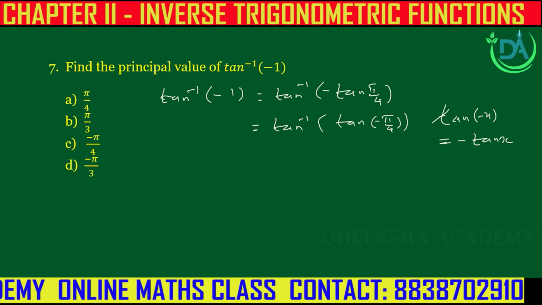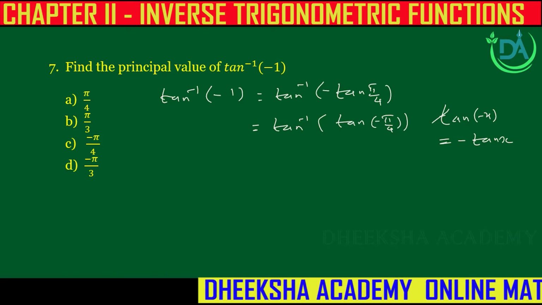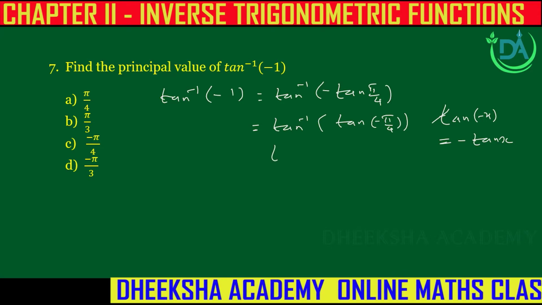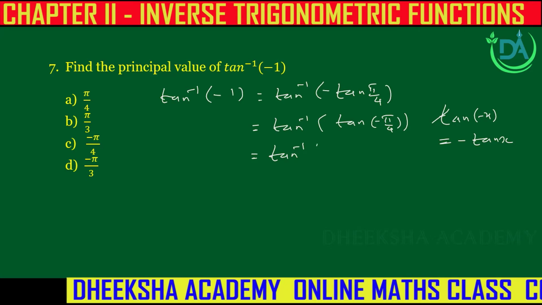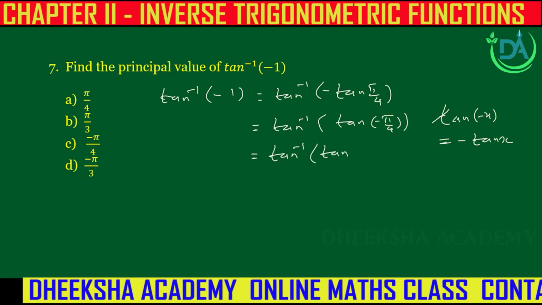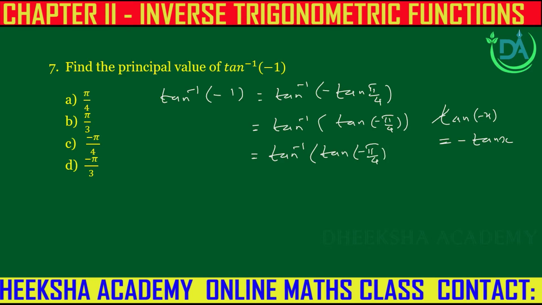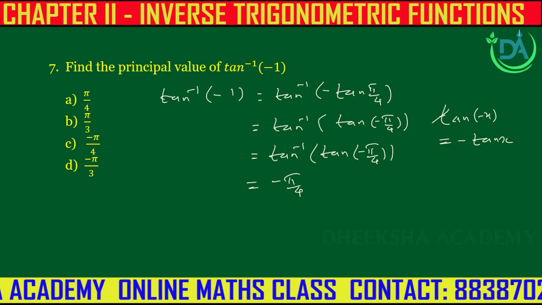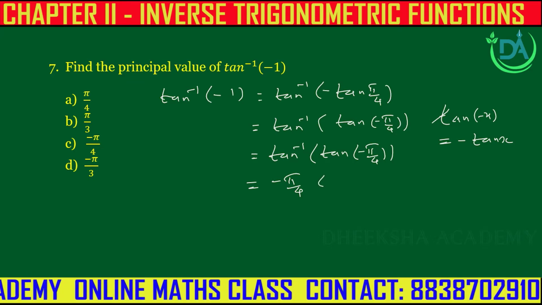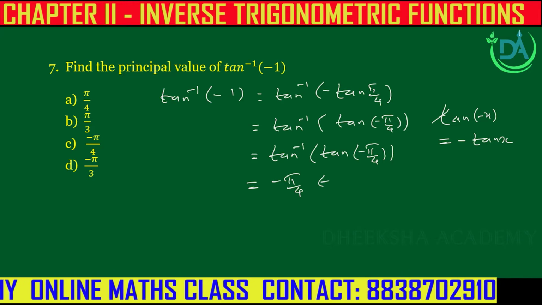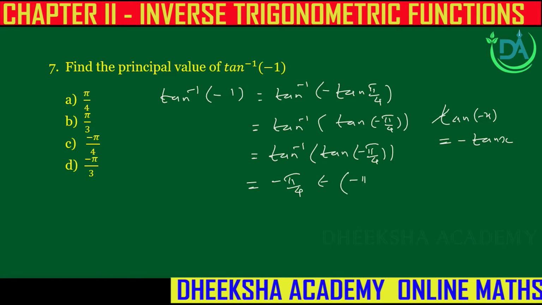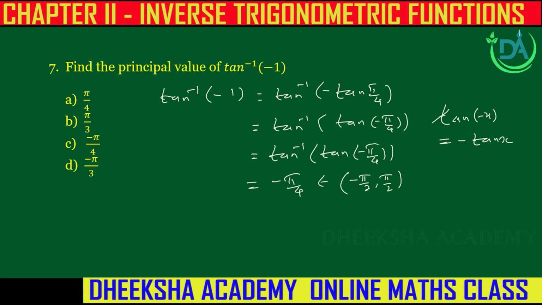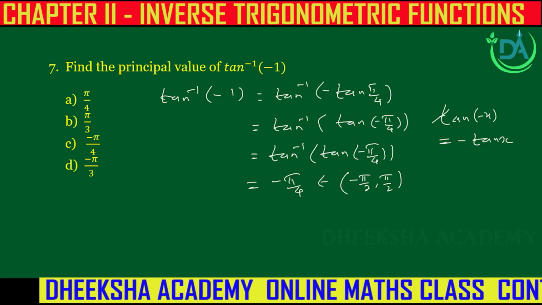So tan of minus pi by 4 equals minus tan pi by 4, which is equal to tan inverse of tan of minus pi by 4, which is equal to minus pi by 4, which belongs to the open interval minus pi by 2 comma pi by 2. So the range of tan inverse of x is minus pi by 2 comma pi by 2. So our answer is minus pi by 4.